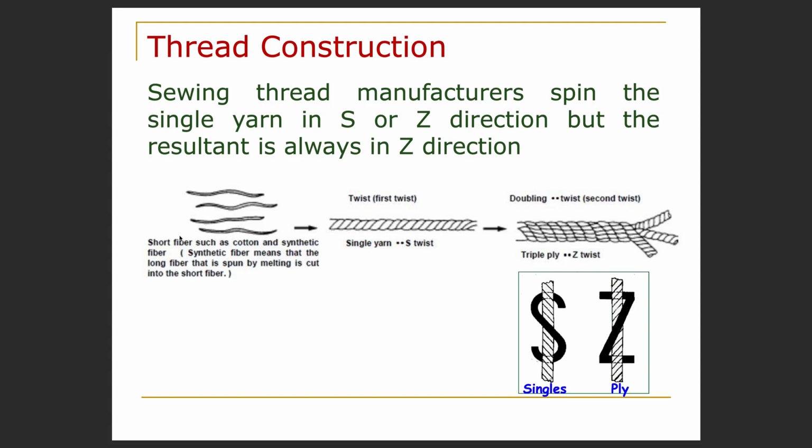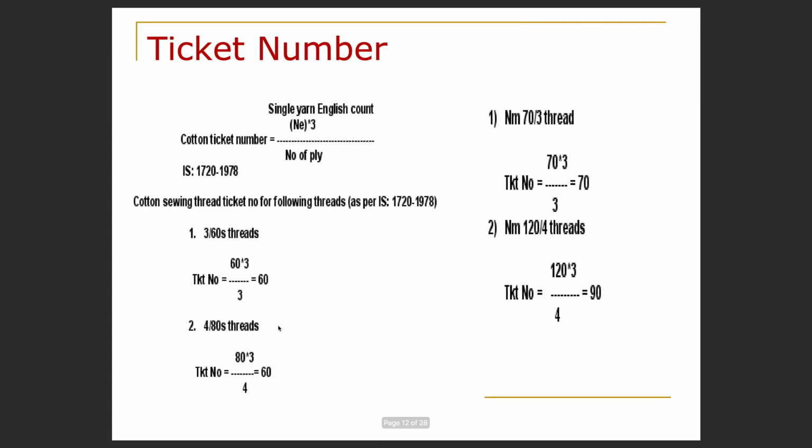They can also be made available in the filament form depending on our requirement. So here the single yarn is formed by twisting of the fibers, and this is showing how the plied structure is formed when such single yarns are twisted in the opposite direction to form the final sewing thread.